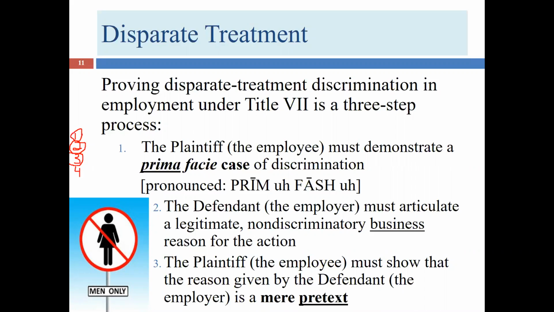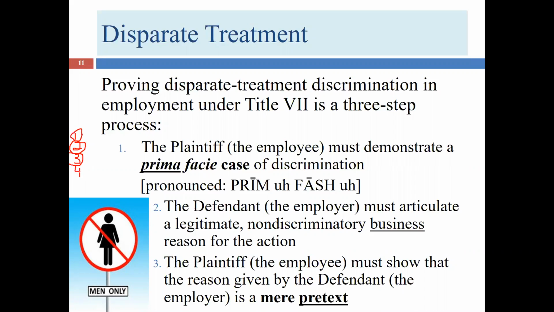So if I'm a woman and I'm discharged and I'm replaced by a man, that would be a good example for number 4. Or if I am a Japanese person and I am replaced by an African American person, then that would be element 4.